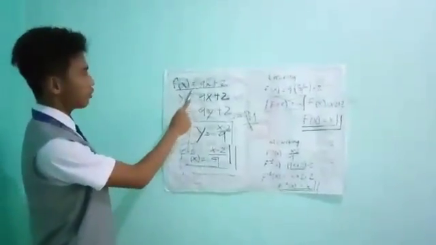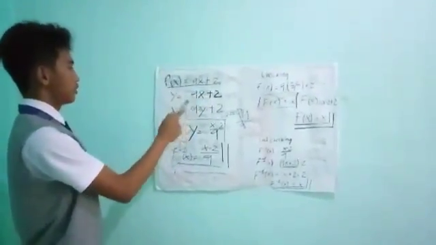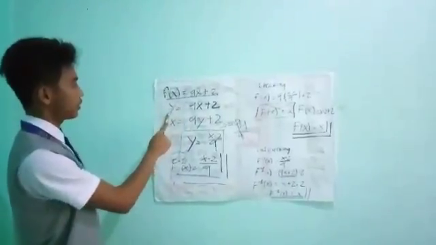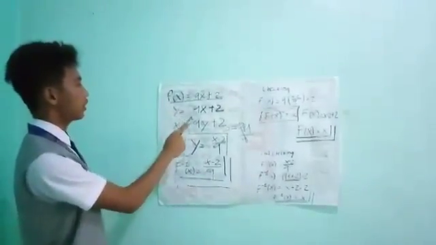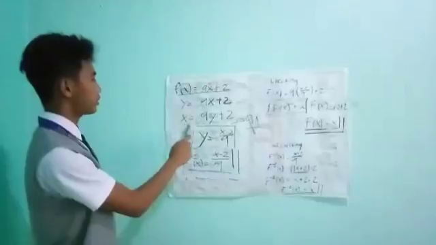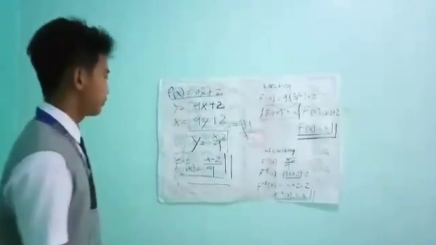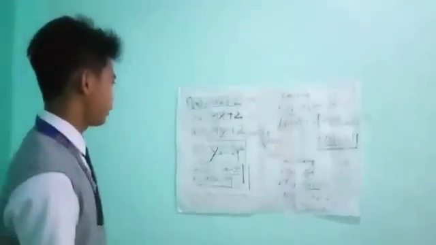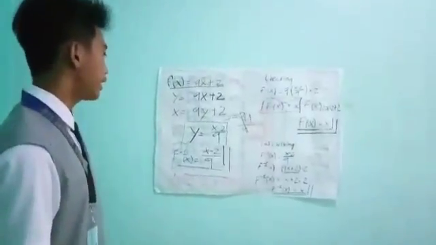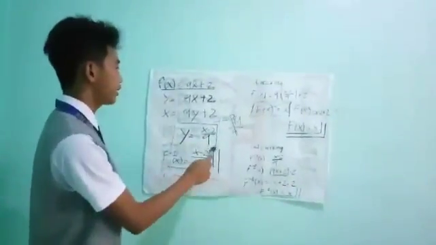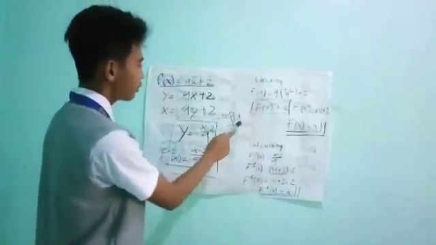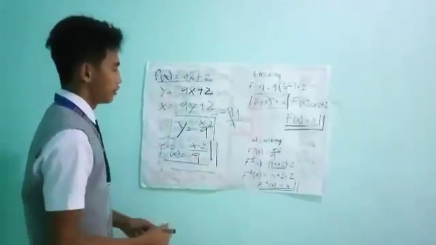f of x is equal to 9x plus 2. Interchange x and y. So y is equal to 9x plus 2 and x is equal to 9y plus 2. So simplify, x minus 2 over 9 equals 9y all over 9.